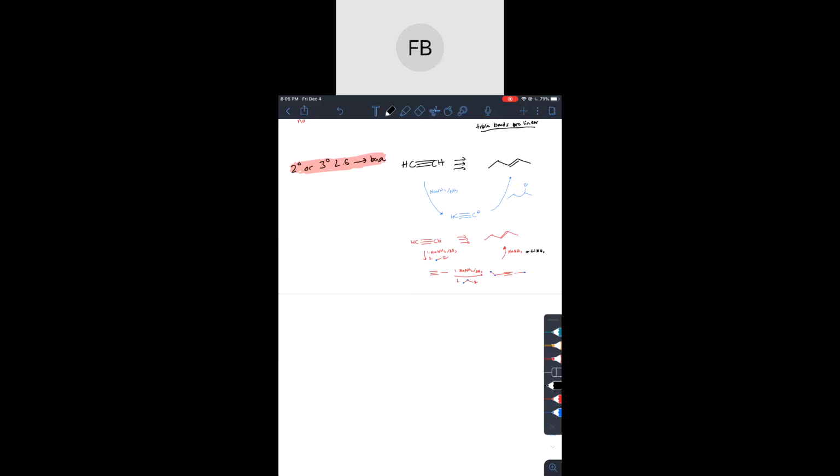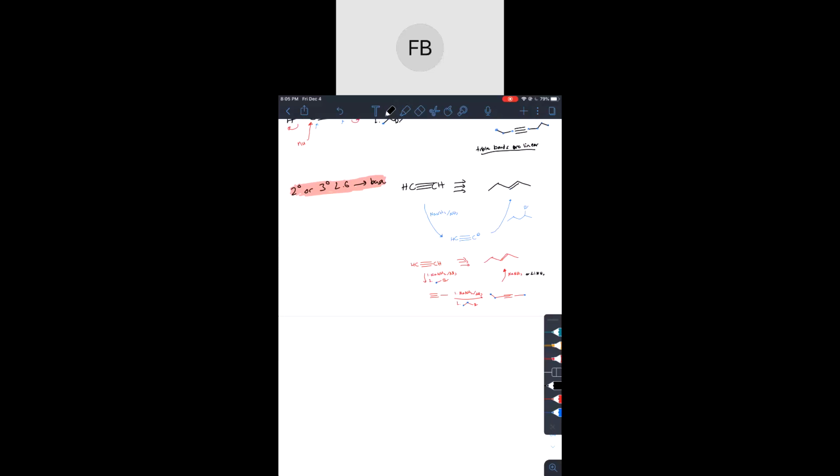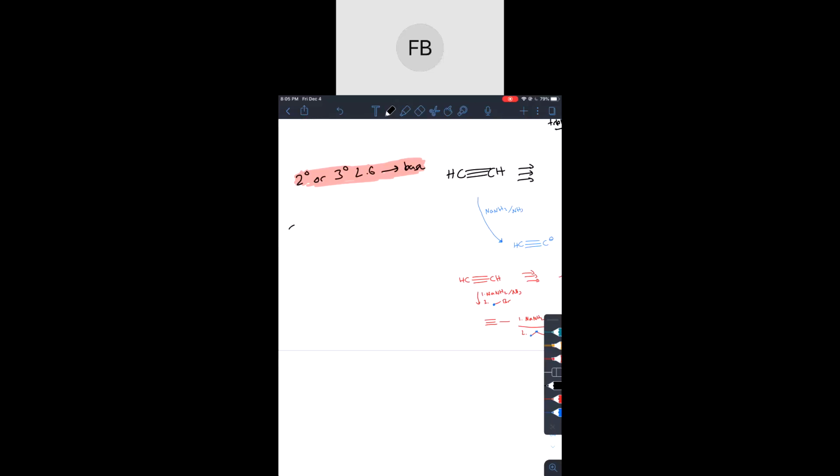So we went into elimination. Again, elimination is going to be with secondary or tertiary leaving groups. So a mechanism for this, I'll just draw it out real quick. Basically we go NaNH2 over NH3. This gives us this, and then what this can do is it can react with this, like this.